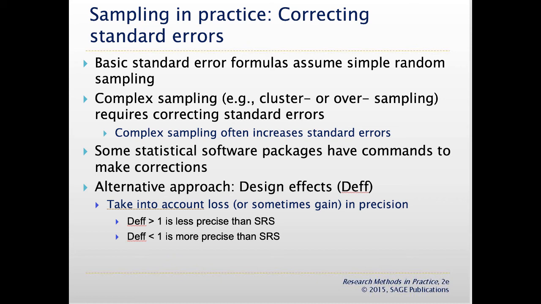Surveys using complex survey sampling will tell you their design effect, and that takes into account the loss or occasionally gain in precision. A design effect of greater than 1 means that what you're getting because of the complex survey sampling is less precise than a simple random sample. That's the usual case. You can see the opposite. A design effect less than 1 is more precise.